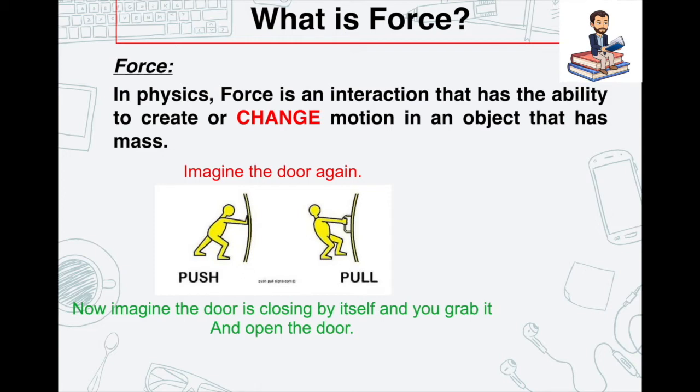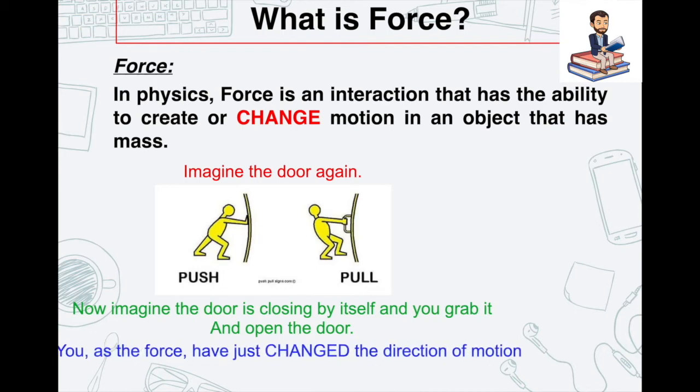If you grab that door and open it, because you don't want it to close, you are changing the motion of the door. So force doesn't just create motion, it can change the direction of that motion. The door was closing and then you quickly grab it and pull it open. You've changed the direction of the motion.